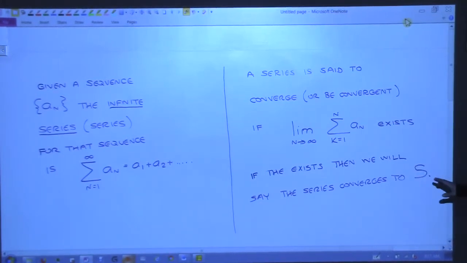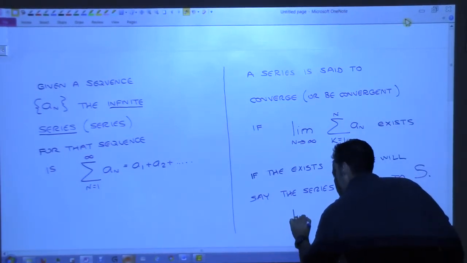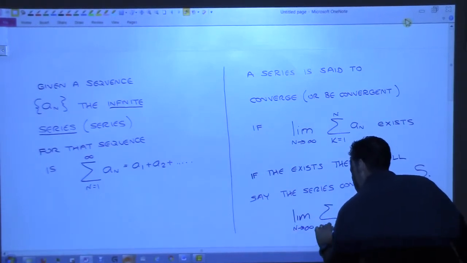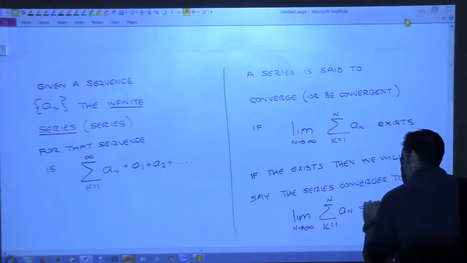Now, I'm going to write that in more mathematical notation. The limit as n goes to infinity of the sum k equals 1 to n of a sub k equals S.